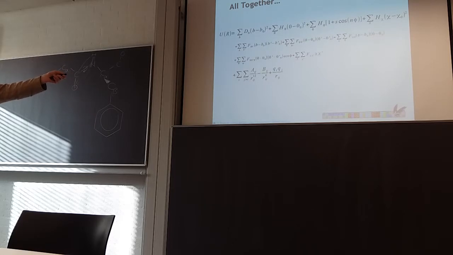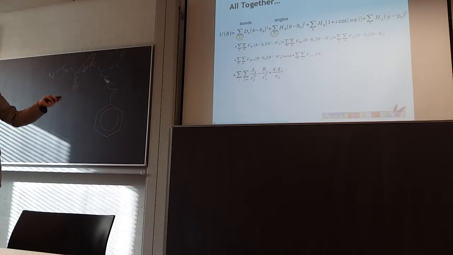They might all have different reference distances, and they might all have a different force constant. The same for angles, the same for dihedrals, and the same for the improper dihedrals.